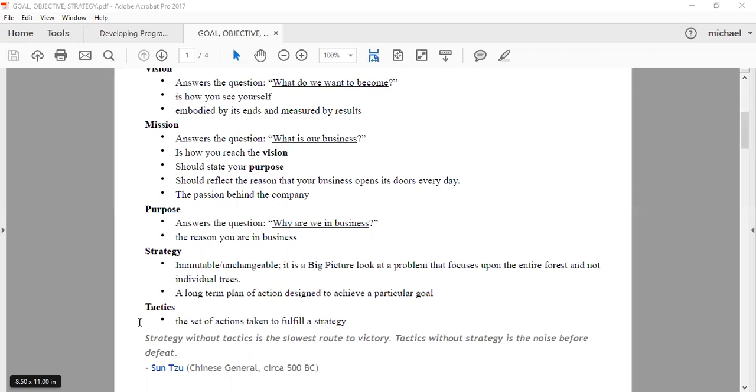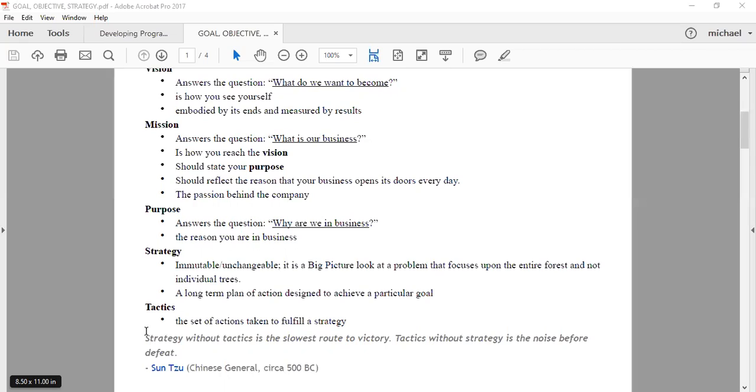Tactics. What are going to be your tactics? A tactic is the set of actions taken to fulfill a strategy. This is going to be way longer, so we're only going to talk about a couple of points. One tactic would be to identify existing educational facilities, existing nonprofits, and whoever those partners are.